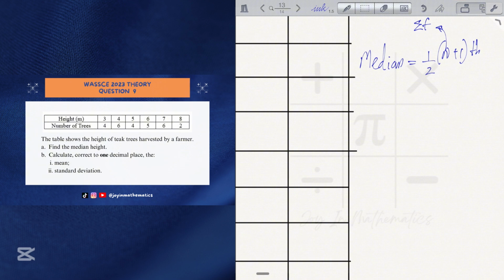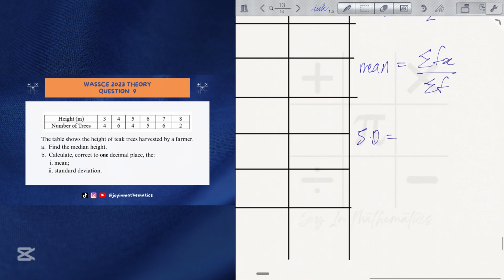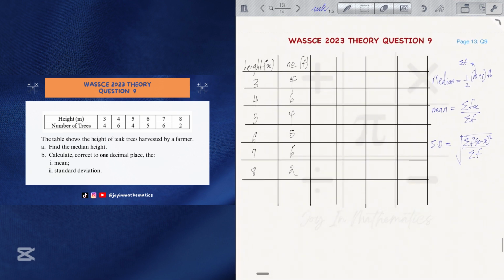In the same vein, the mean will be given as summation f of x divided by summation f, and the standard deviation, which is the square root of variance, is given as the square root of summation f of (x minus x bar) squared divided by summation f. So these are the formulas we'll be using.